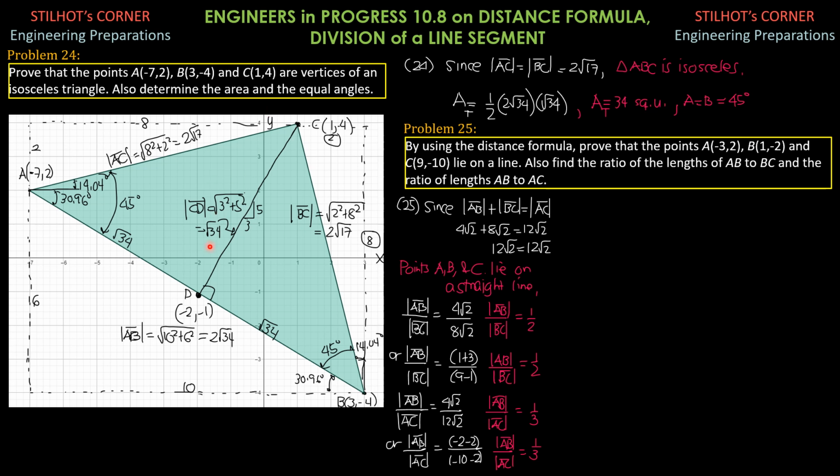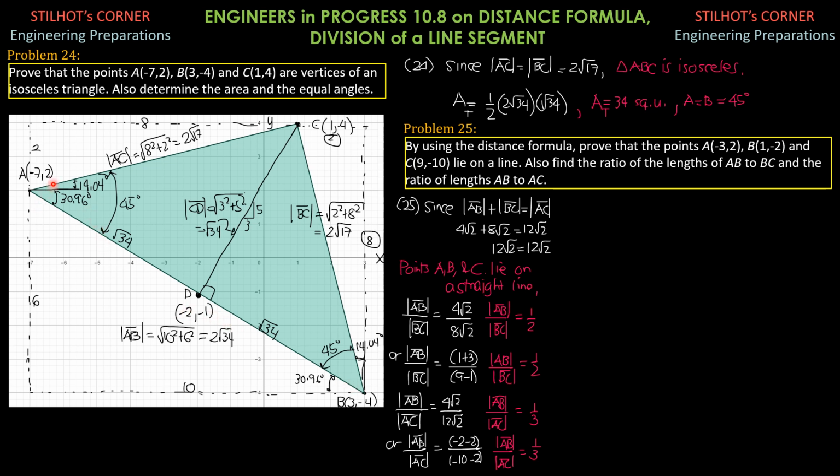Another way of computing the area is, by the way, AB is square root of 3 minus negative 7. Sorry, this one. This is the midpoint of AB. So this is 1/2 of negative 7 plus 3. 1/2 of quantity negative 7 plus 3 is negative 2.